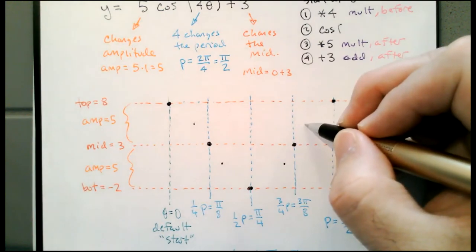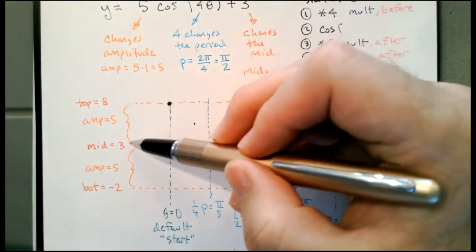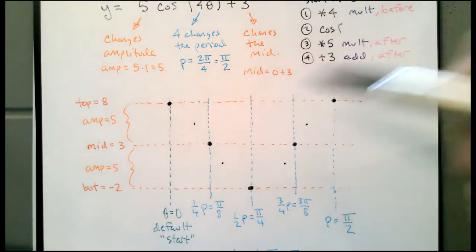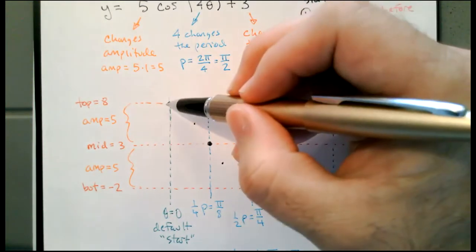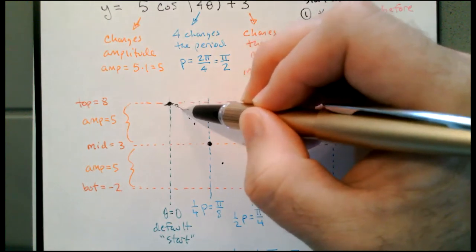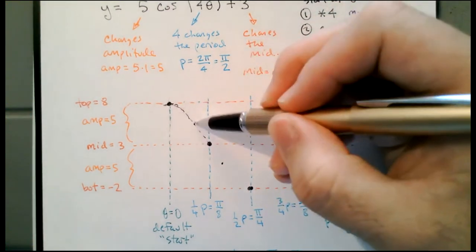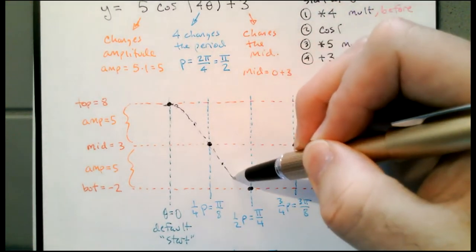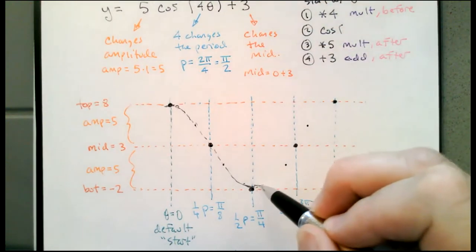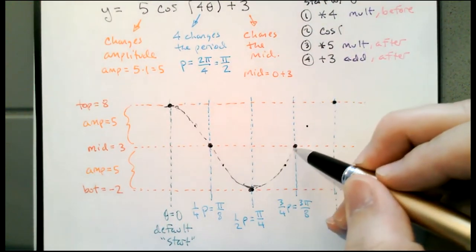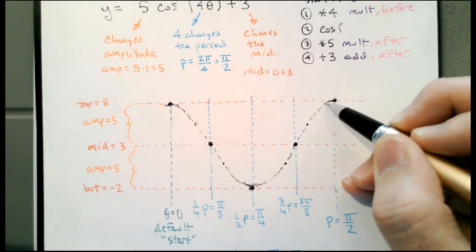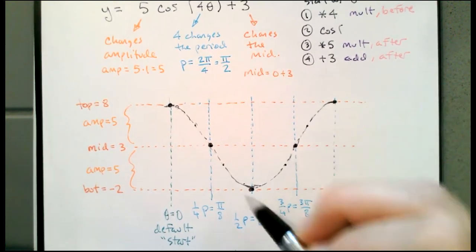Remember that for our halfway values, the middle is at 3 and the top is at 8, so halfway between will happen at the 60-degree reference angles, and that's how we can make sure that we have this bent the right way. It's going to be flat at the top, go down through the middle going down, flatten out at the bottom, bend to hit the middle going up, and then bend again so that it's flat when we get to the top again.